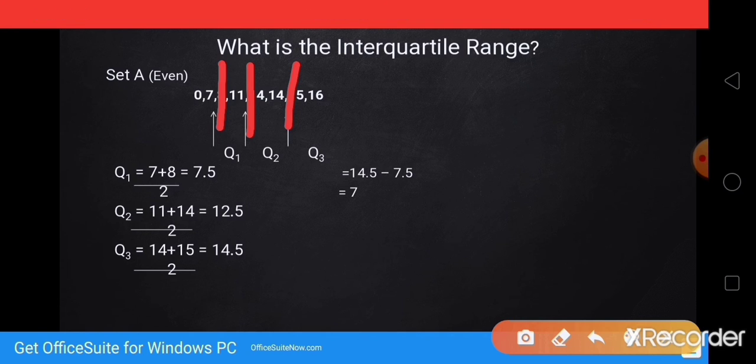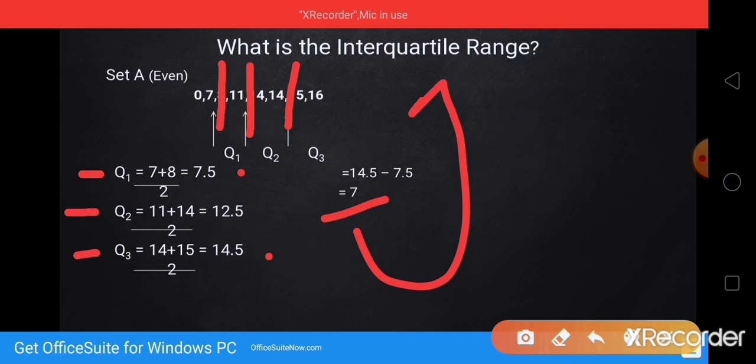Then you subtract quartile 1 from quartile 3 and it equals 7, and that is the interquartile range for set A, the even set of data.